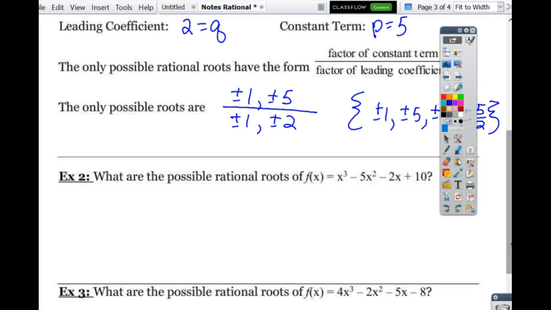So, 10. So we're going to have plus or minus 1, 2, 5. And what's the leading coefficient of this? 1?